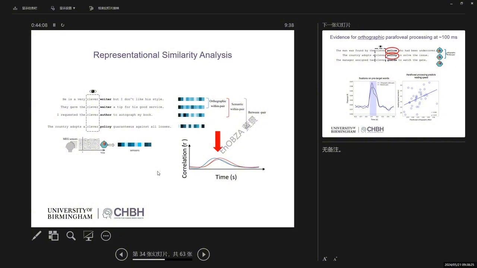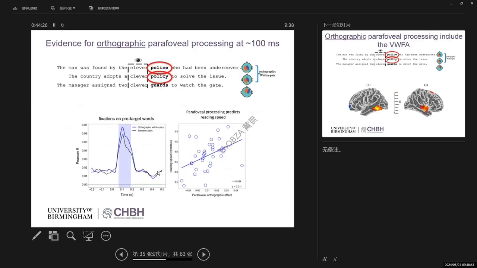So while representational similarity analysis might sound complicated, it's basically nothing more than doing simple correlations. And then we can track these correlations as a function of time and compare them for within pair and between pair features. And this is the first result in terms of orthographic processing.